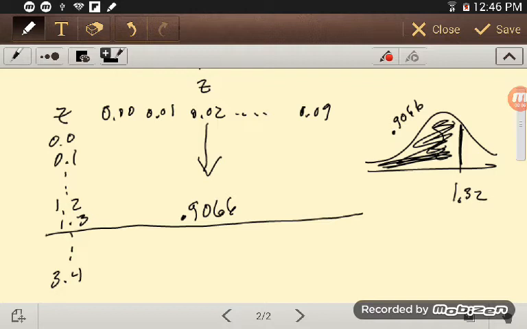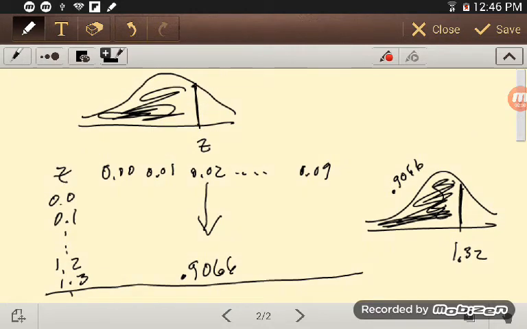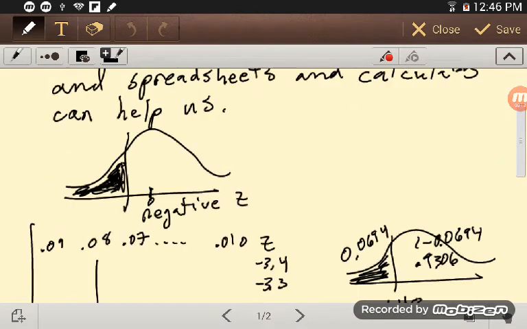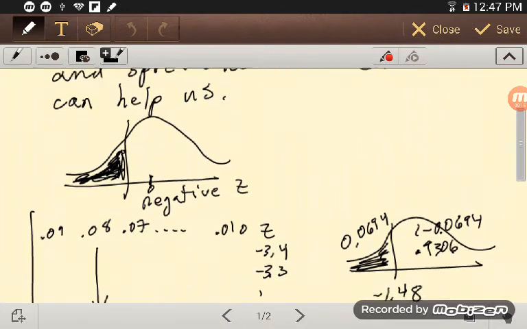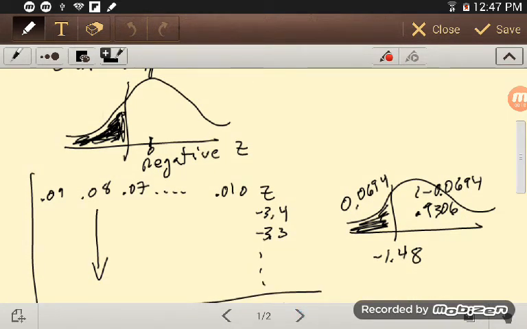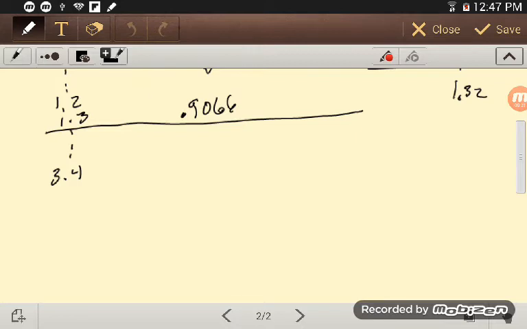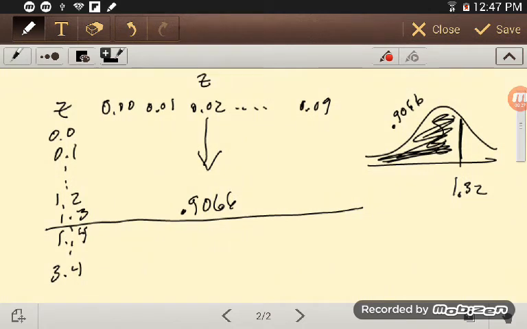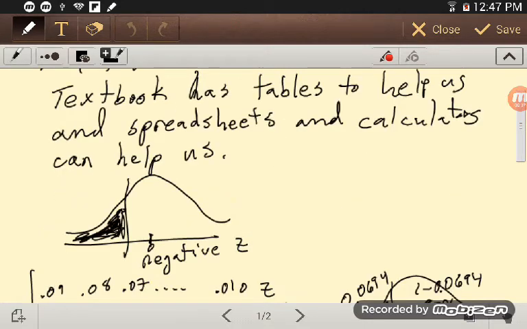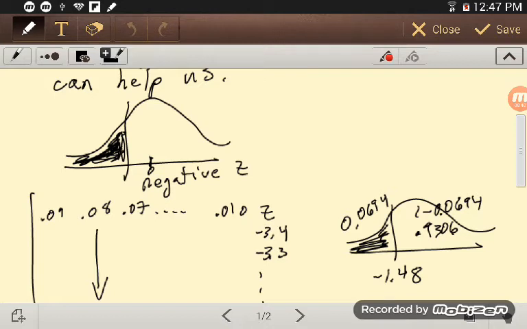Now, it's interesting, right? Go back here. What did I use? I used 1.48. Now, if I come here and I look up, here's 1.4, and I go over here to the 0.08, and I look there. Hopefully, because of the symmetry and so forth, I can check my arithmetic this way.